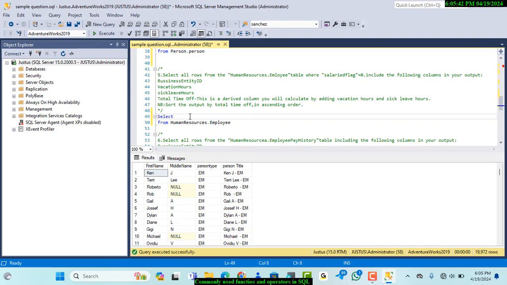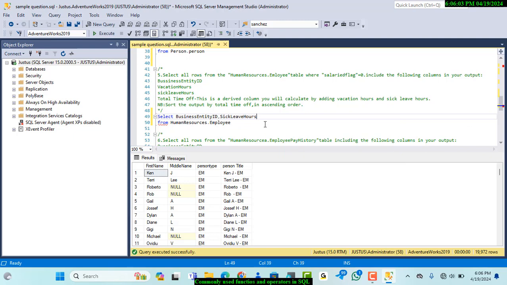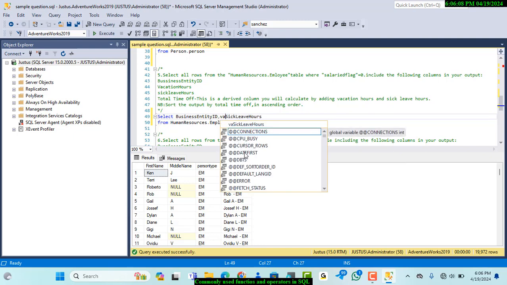Then I'm told to include only the business entity ID. We also need the sick leave hours and the vacation hours. We also need the vacation.